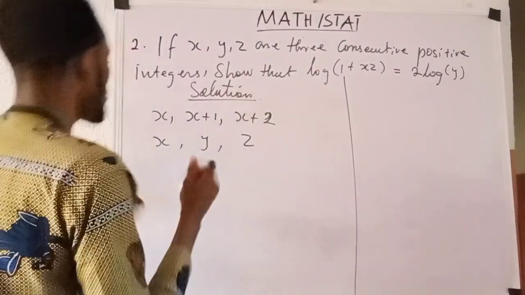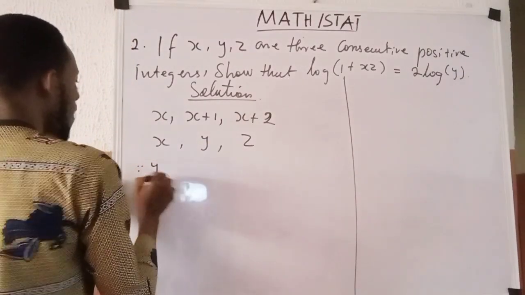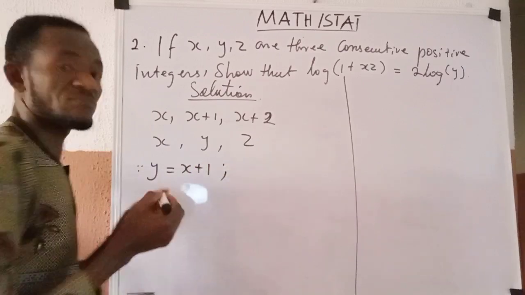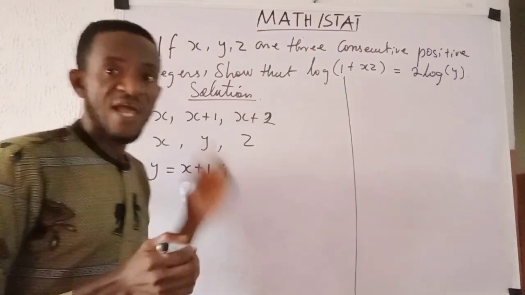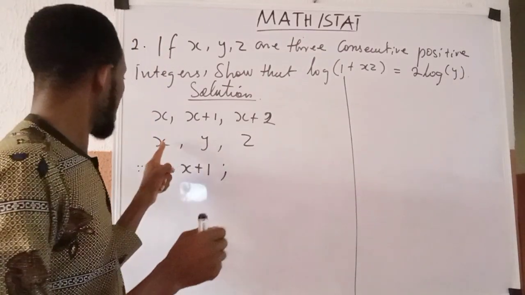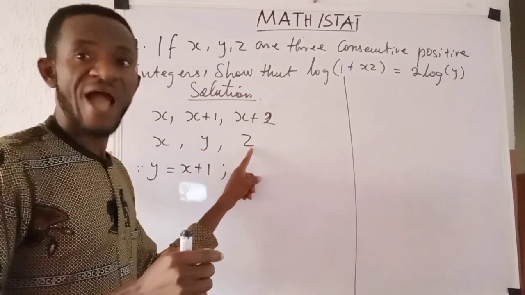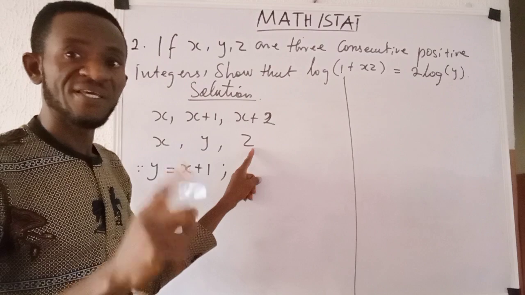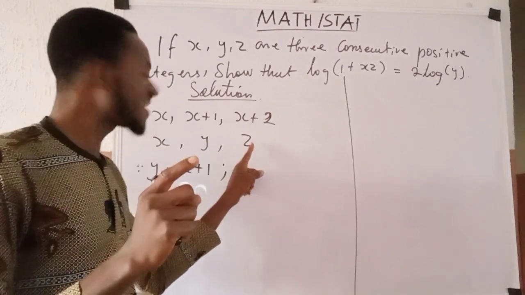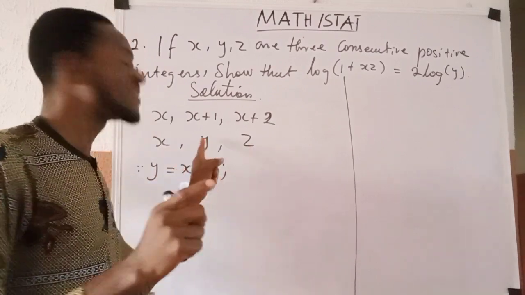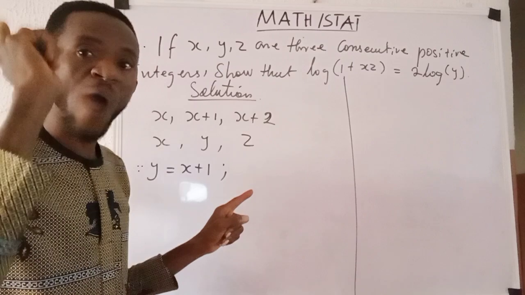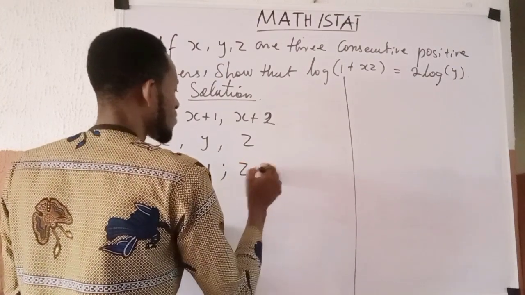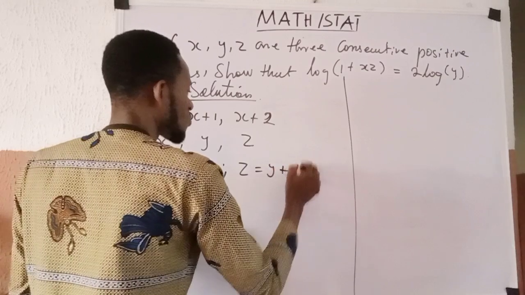So I can write that, therefore, my y equals x plus 1. And if these x, y, and z are 3 consecutive numbers, it implies that this z is greater than this y by 1. Therefore, my z equals y plus 1.